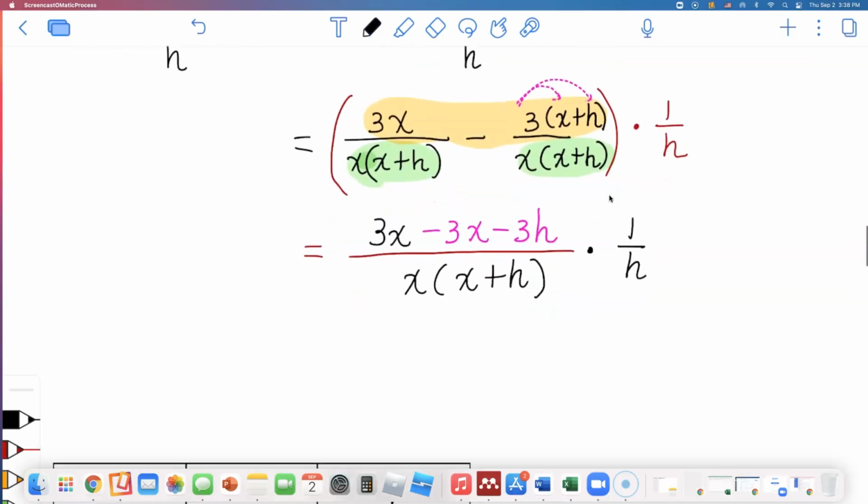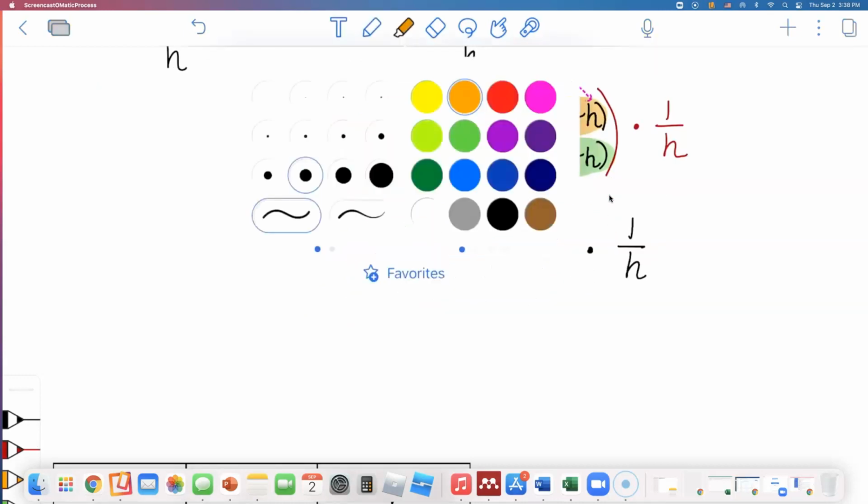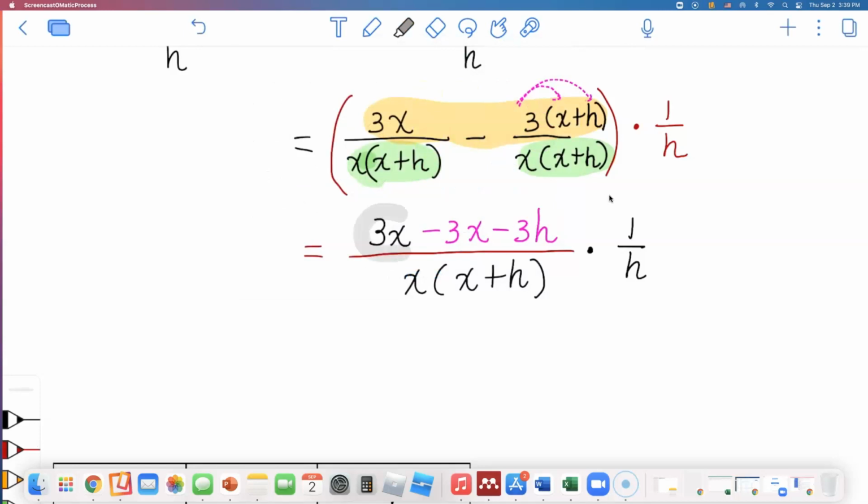I'm happy to see that the 3x minus 3x will cancel out. Yay, goodbye. So the only thing that I have left on top of the fraction is negative 3h, and that's getting divided by x times x plus h.